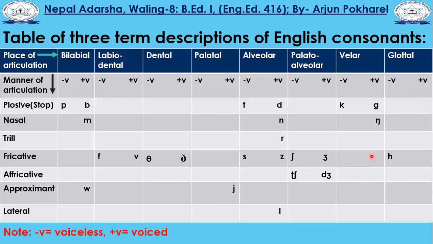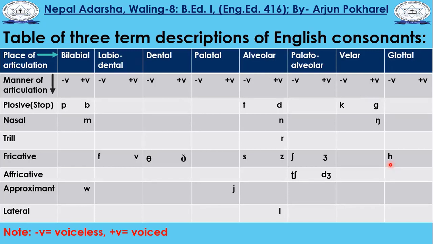No velar fricative sounds are in English. So the only sound here is glottal, voiceless glottal fricative, which is the h sound. That is the only such sound in English.